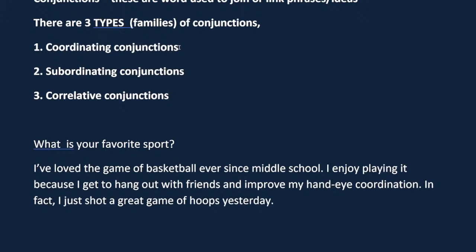Coordinating conjunctions, the first one, somebody already wrote this in here. It was Arjun, says you can remember these as FANBOYS, which is kind of a weird word. It's a mnemonic device, and FANBOYS you can think of as for, and, nor, but, or, yet, and so.